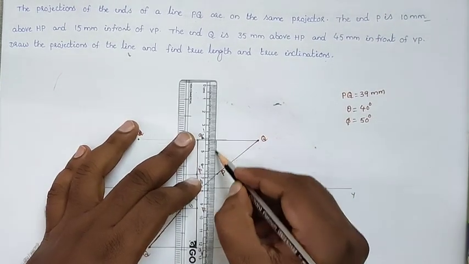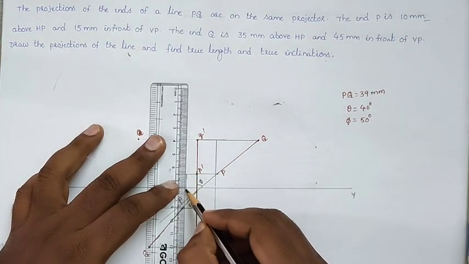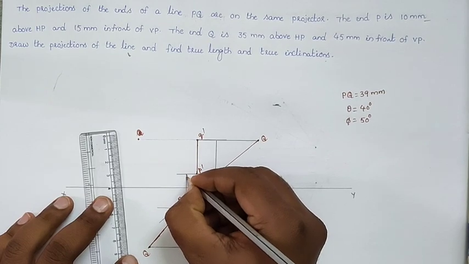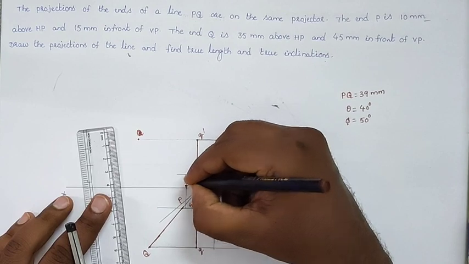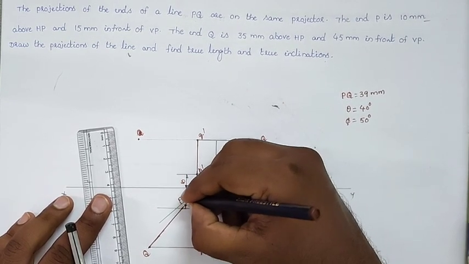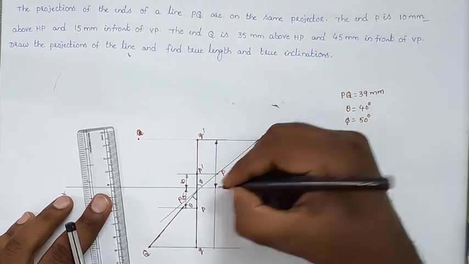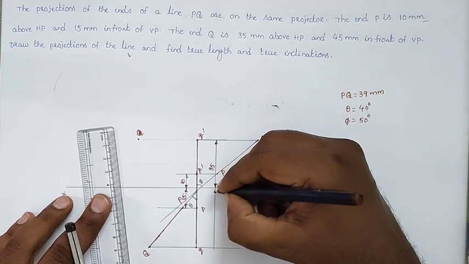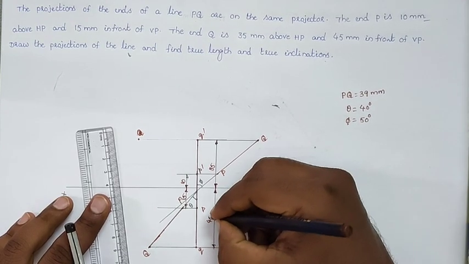So this dimension should be 10 mm above HP and 15 mm in front of the VP, and this is 35 mm above HP, and this dimension is given as 45 mm in front of the VP.